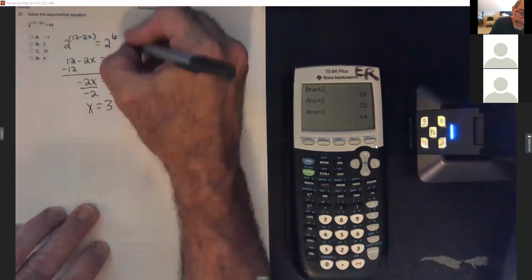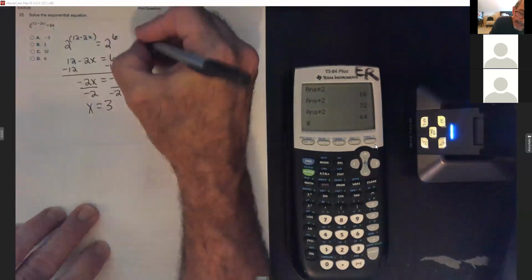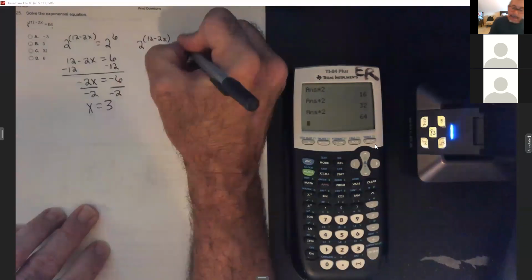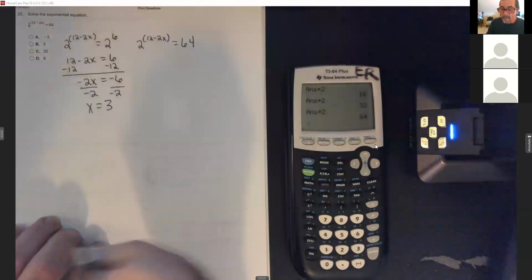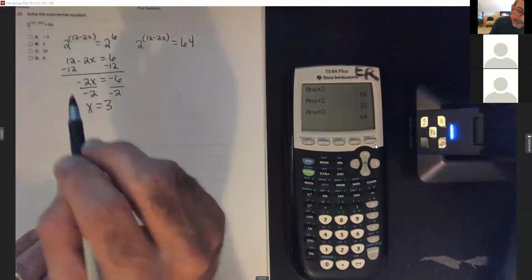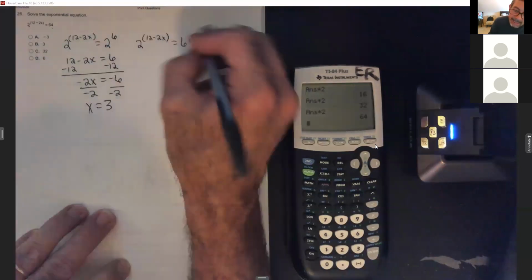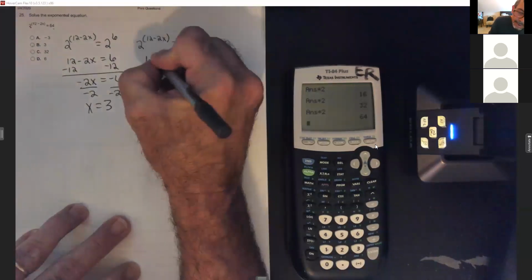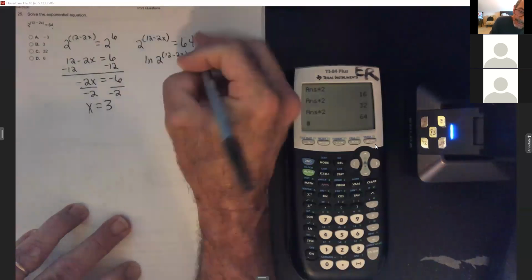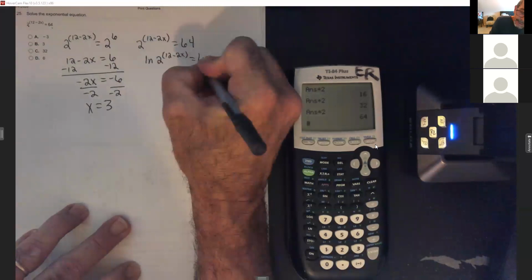Now, say you didn't know you could rewrite that number. If you cannot rewrite 64 using 2's like I did, then the only thing you could do is solve this by taking ln's. So ln of 2 to the 12 minus 2x would equal ln of 64.